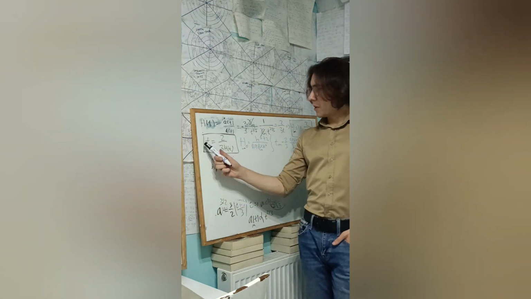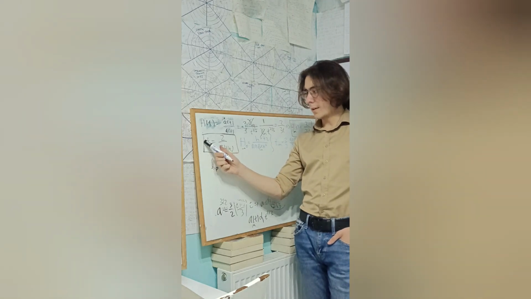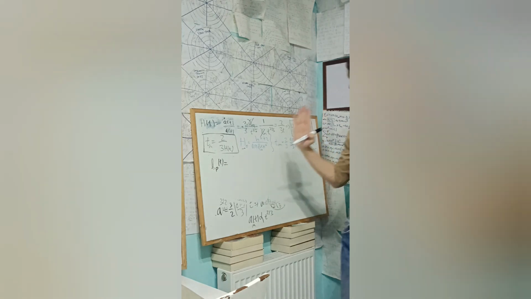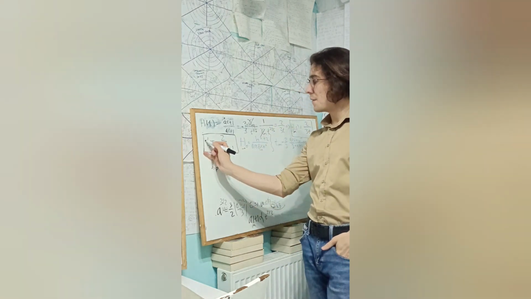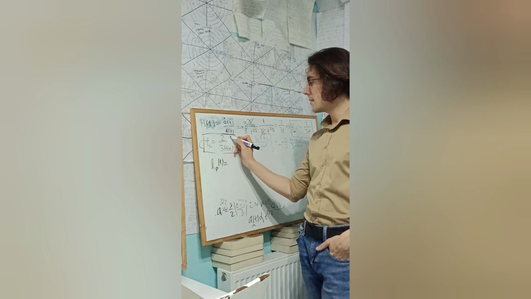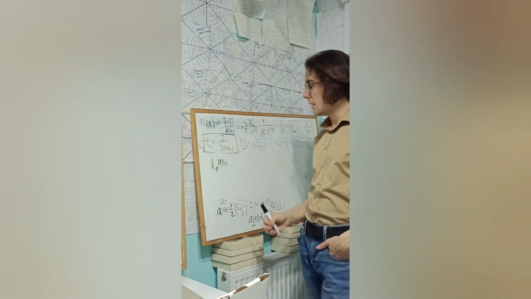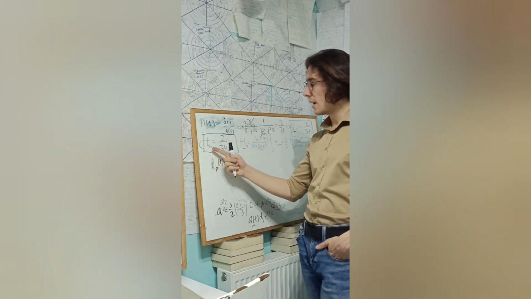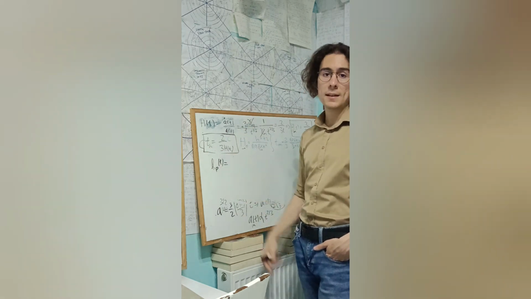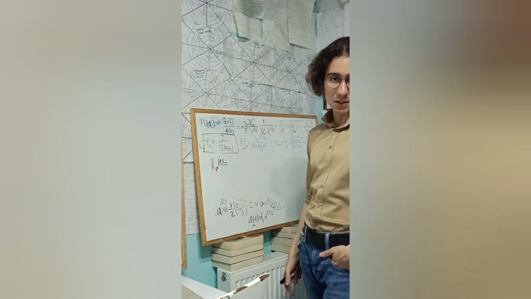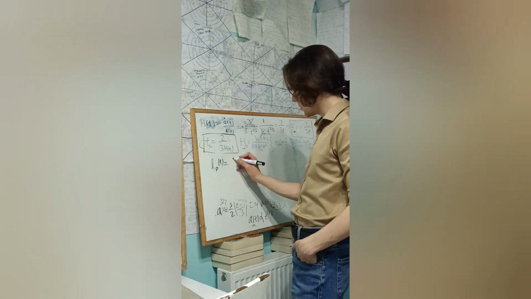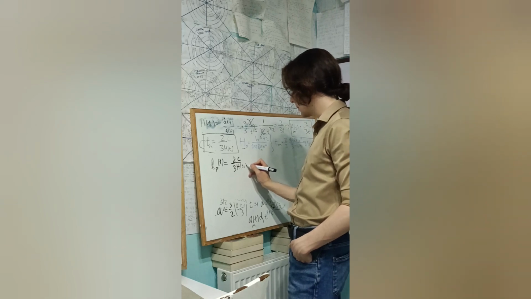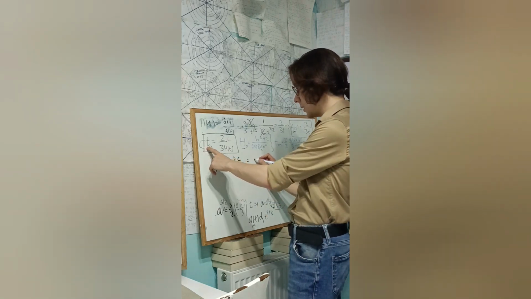If I multiply by the speed of light c, which has units of length over time, the time units vanish and we are left with units of length, meters. It is 2c over 3h t naught.